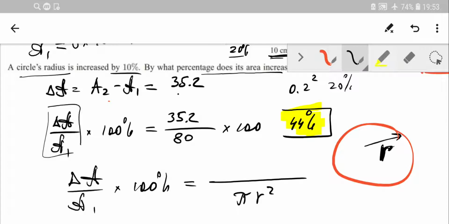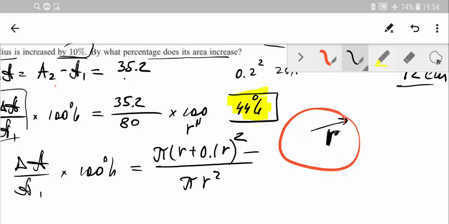So for the change in area, after an increase by 10%, I can write that the new radius and new area is going to be pi times (r plus 10% increase, which means 0.1 of r) squared. Everything in brackets is r new, and I just simply subtract pi r squared, your initial area.